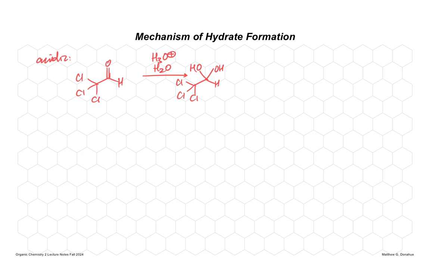So notice hydronium is positively charged, so any intermediate we show has to be plus charged. So if hydronium is an acid, the carbonyl oxygen will be the base. So that's going to get protonated.